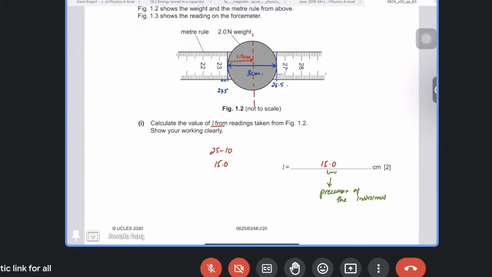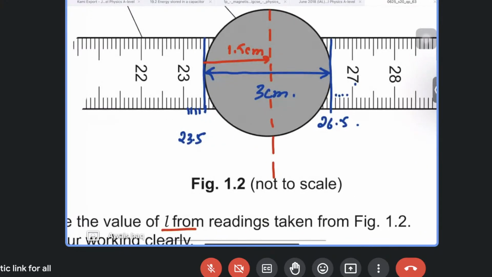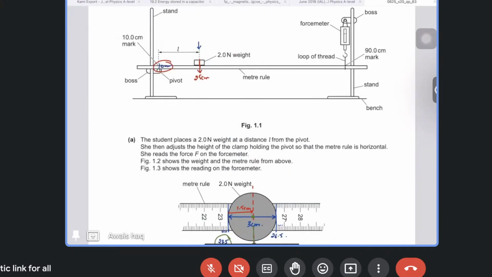Sir, why is L 15? I found where the center point is. It was 1.5 from 23.5, so this point should be 25. You agree? Yes, sir. And because this point is 25, I want to find L, which has to start from the 10 centimeter mark.